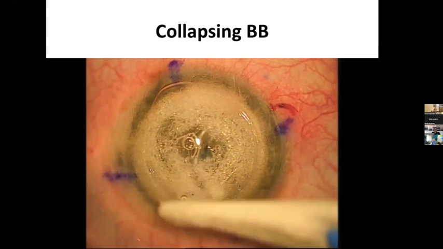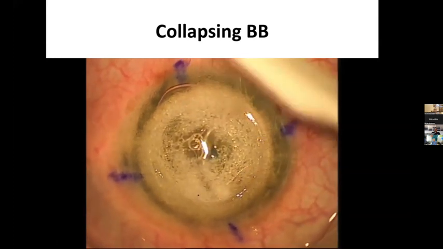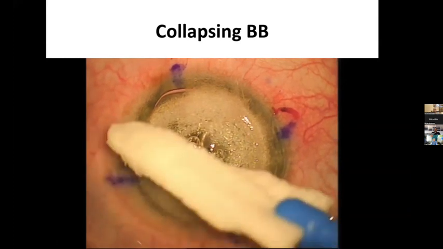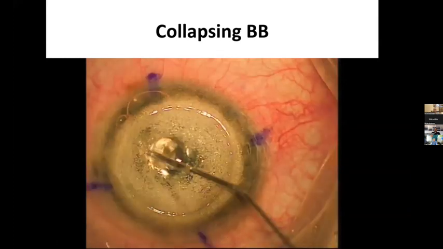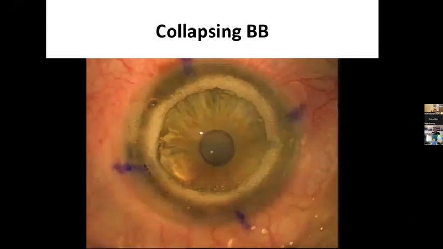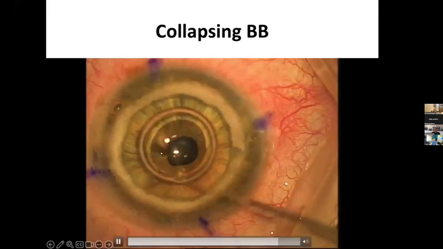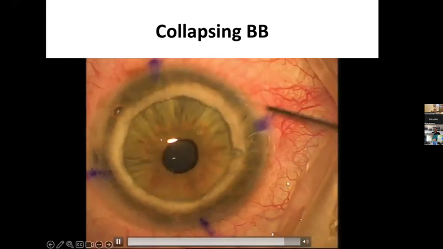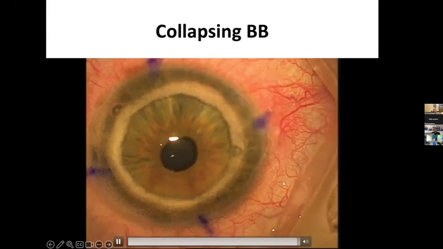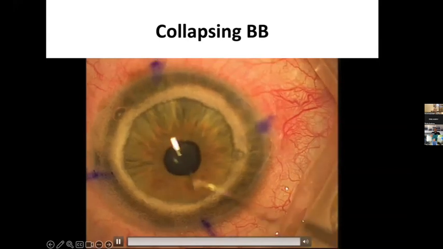I am now doing dissection, removing the superficial lamellae and then injecting viscoelastic, which will form the bubble and maintain the bubble form. Then removal of the whole stroma, and we will find here the cause of the collapse of the bubble, which is a small perforation in this area.